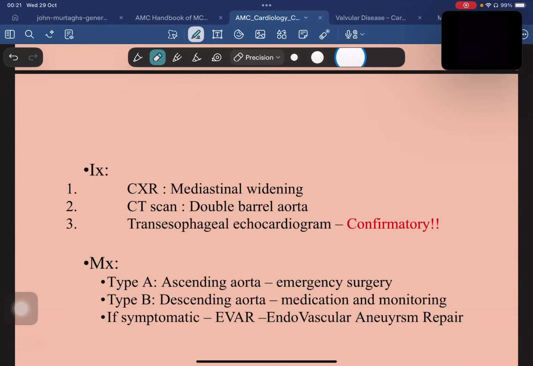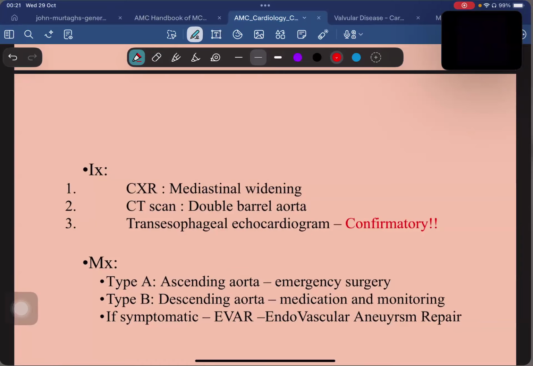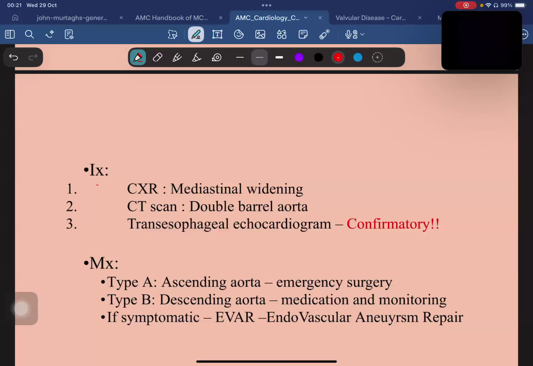Aortic dissection, the most common area that people have asked questions on was the investigation. They would ask, what is the initial, the first line, what do you do first? Then always go to chest x-ray. Then you would see mediastinal widening in the chest x-ray.